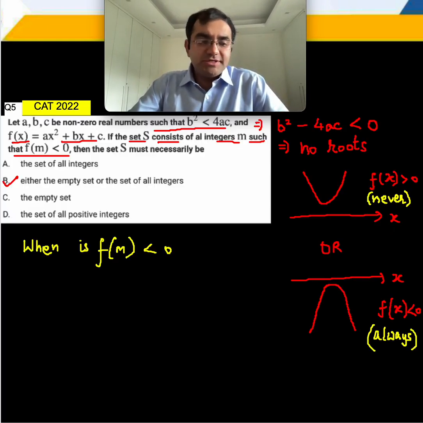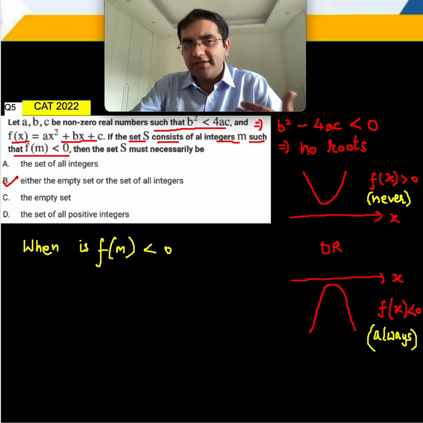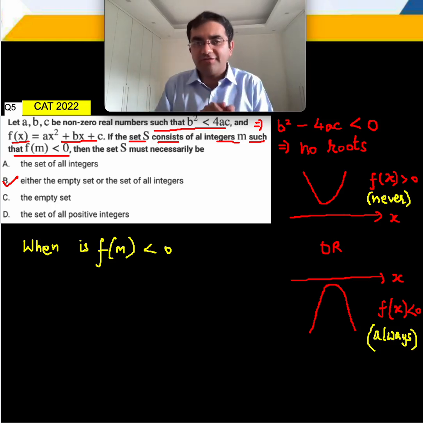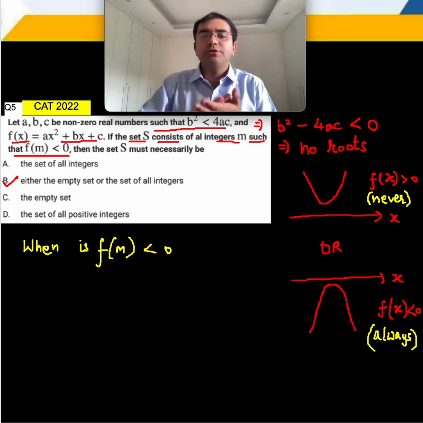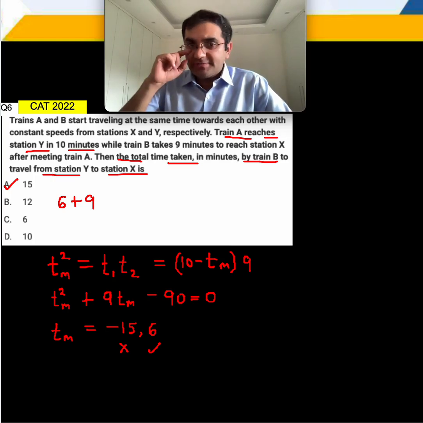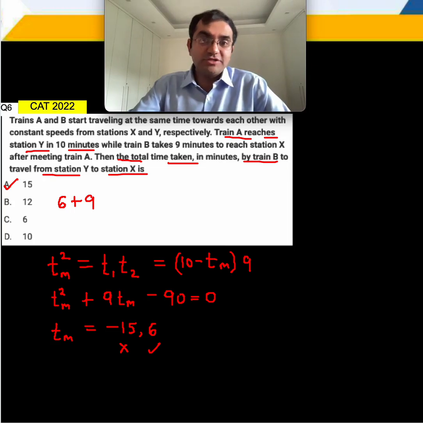This was a difficult question of quadratic equations because normal quadratic नहीं solve करना था, but the fact that there are no roots, थोड़ा सा graph को भी use करके set theory भी use करना था, so this was a tough one. This was a specific TSD application, TM square equal to T1 T2, और ये मान सकते हैं कि किया जा सकता था. We of course did it very quickly because we knew this particular result, but otherwise also student could have taken some time and solved this one.